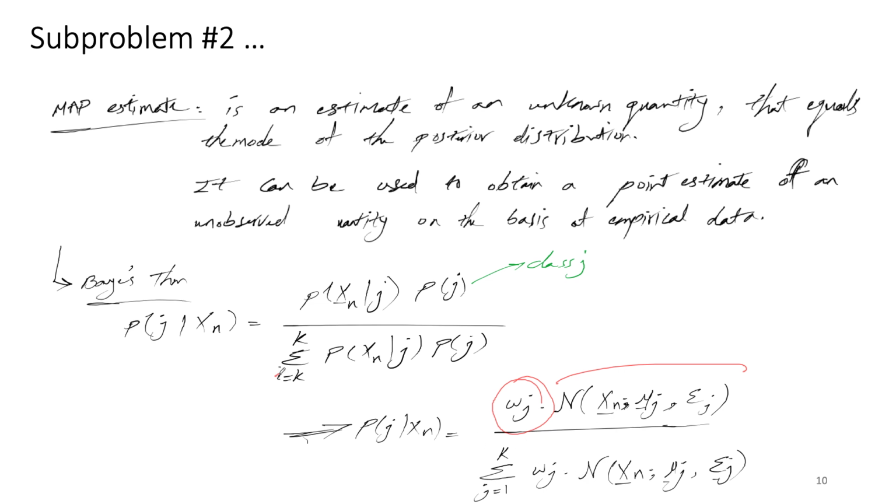And that was J1. So in our GMM, both of them are from Gaussian distributions.